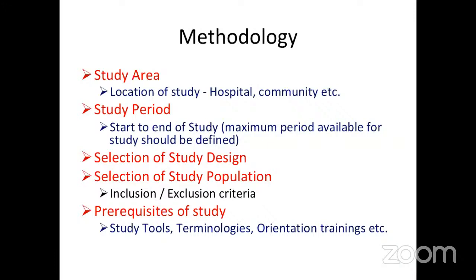This is how you define. The reason I'm telling you all these things is that when somebody repeats your study, he should be able to easily apply your protocol and carry out a meaningful study. That is the reason why we have to define everything clearly.